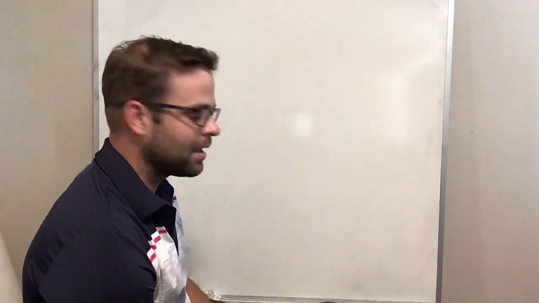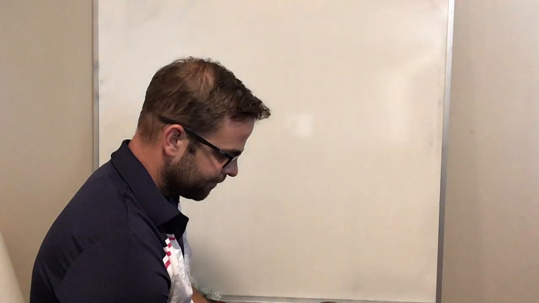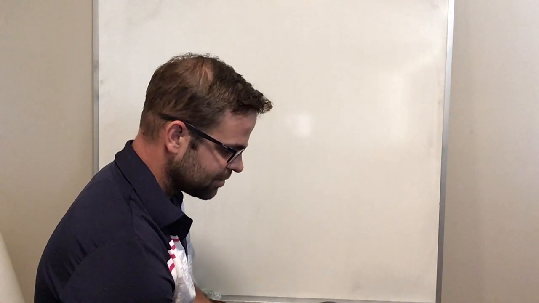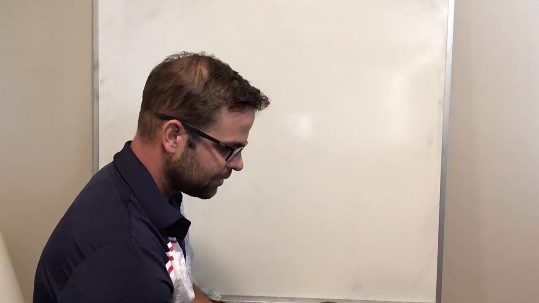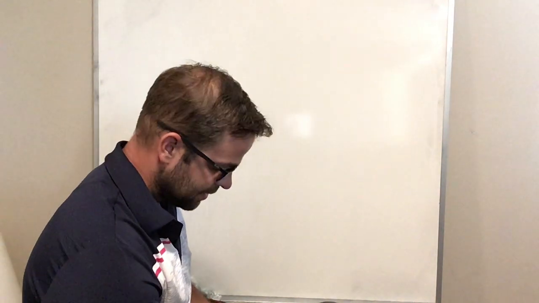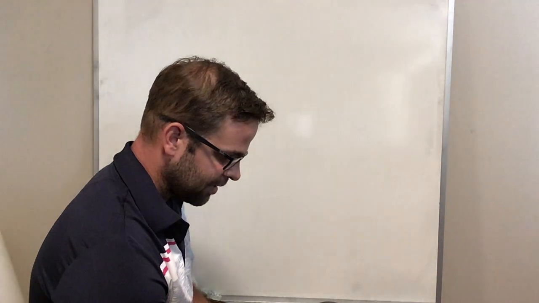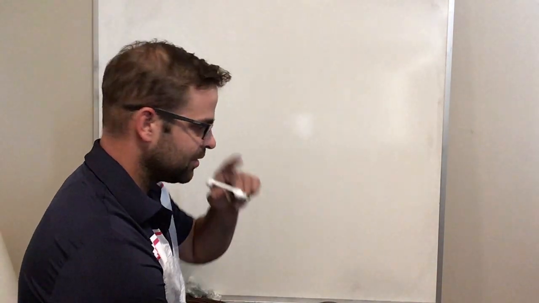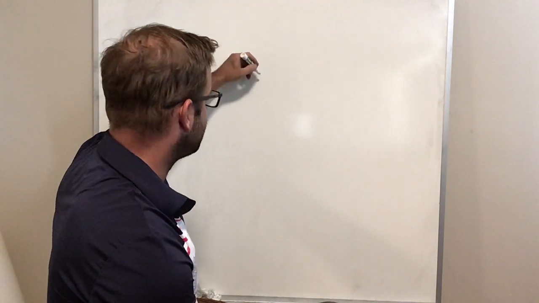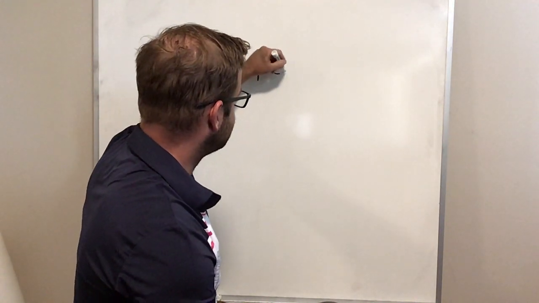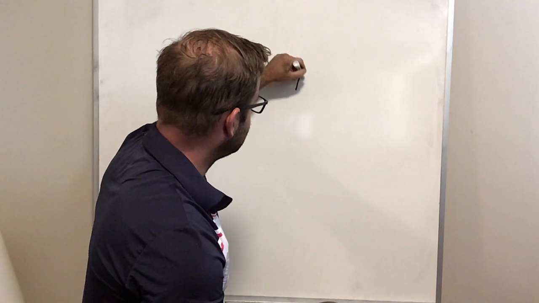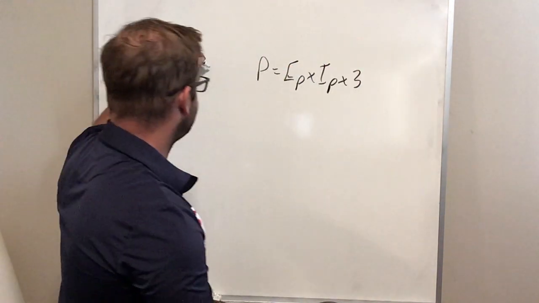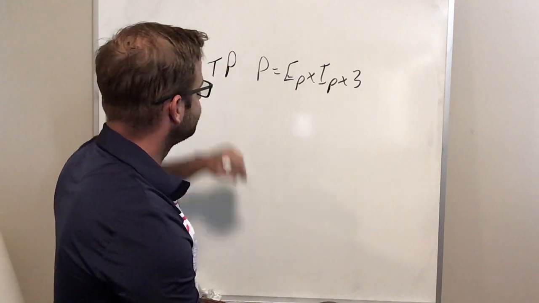But we need to look at our formulas for when there's an inductive load or a capacitive load, and then how those factor into the equation. One thing you have to look at is our power formula. So P is equal to E phase times I phase times 3, and that was for true power.